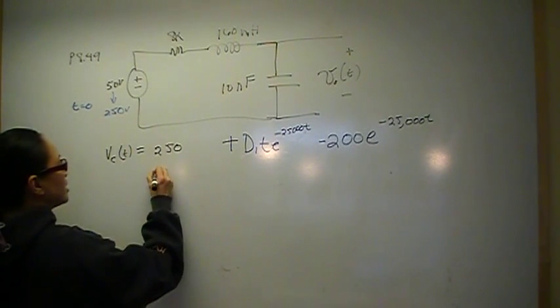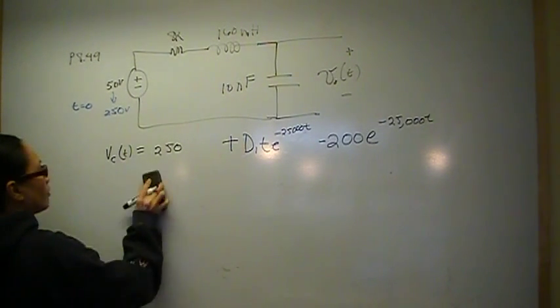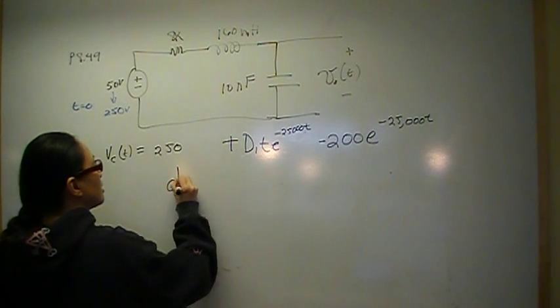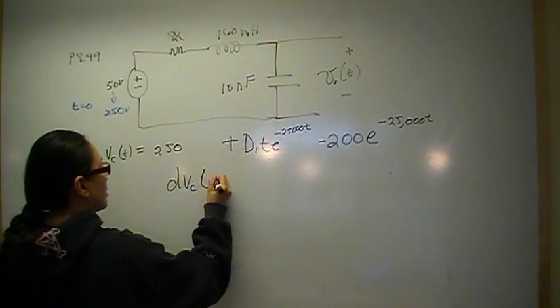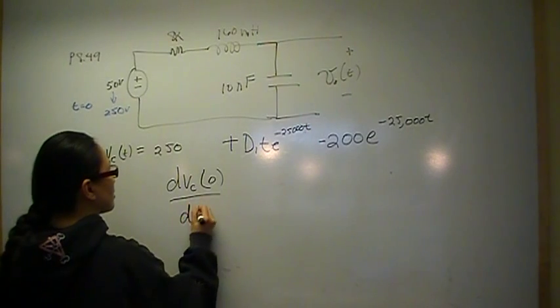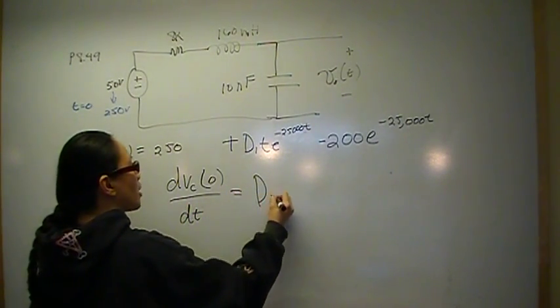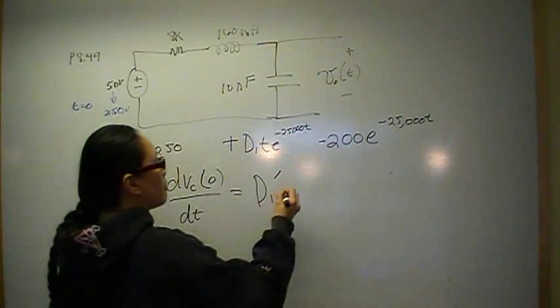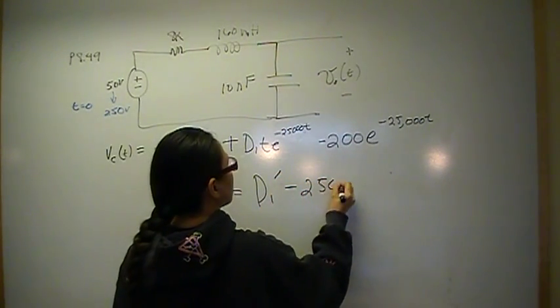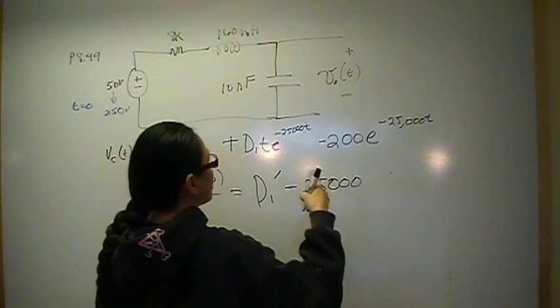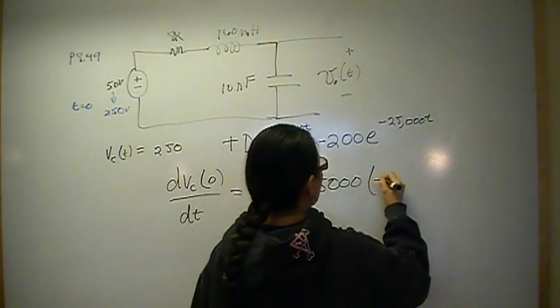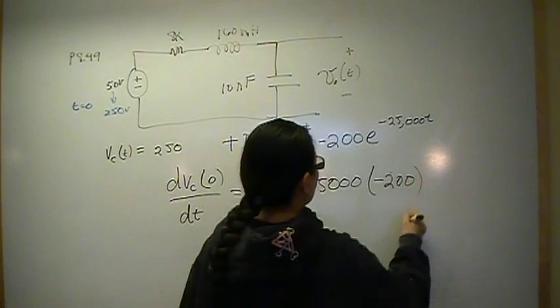So it's going to be dVc(0)/dt is equal to D1 prime minus alpha, which is 25,000, times D2, which is negative 200.